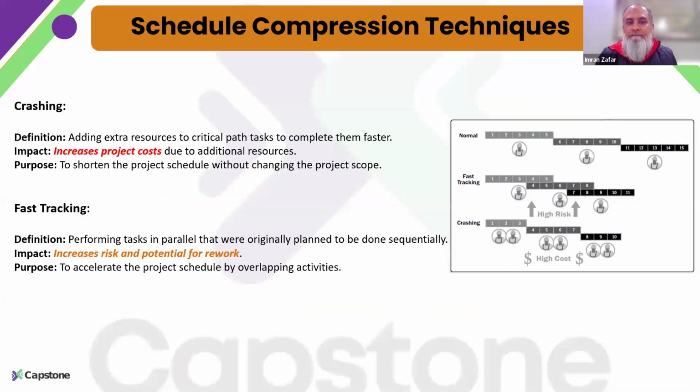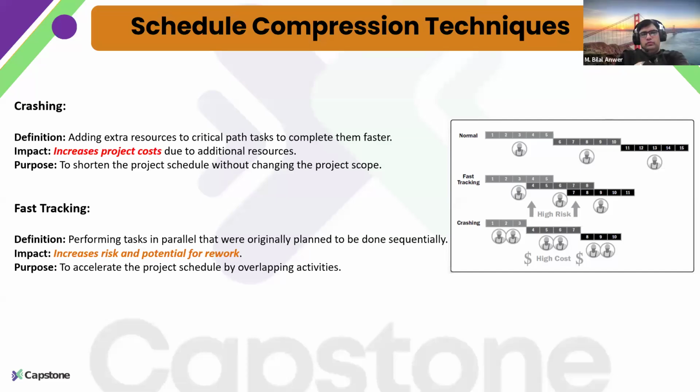And when talking about schedule compression, let's say we need to complete some work faster and the activities are on the critical path. So for critical path activities, what option do we have to reduce their duration? We need to add extra resources, obviously.